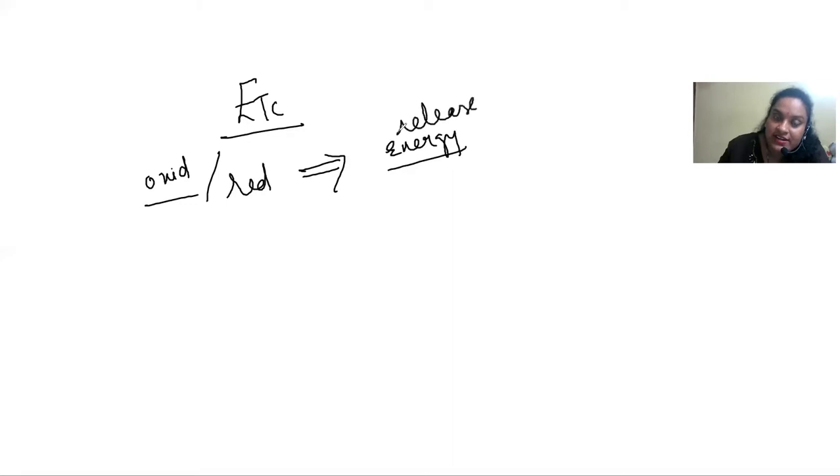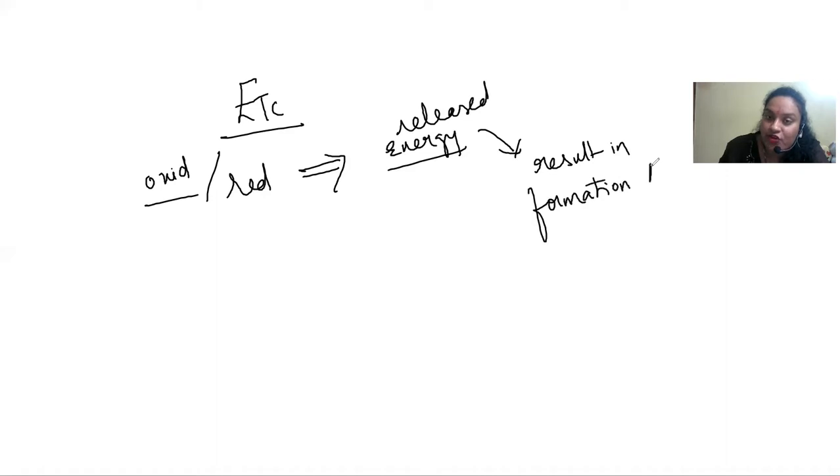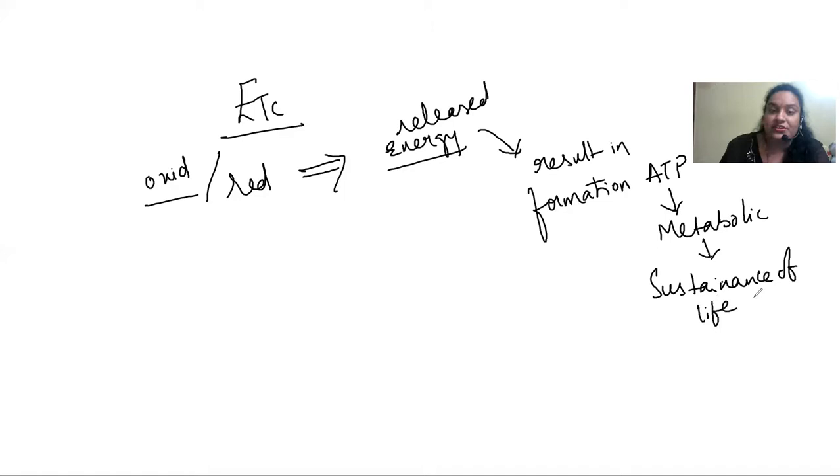It has released energy for you, and this energy is going to result in the formation of an ATP molecule, which has to be used for what? For your metabolic processes, for the sustenance of life. So this is what we are trying to see in the cellular respiration.